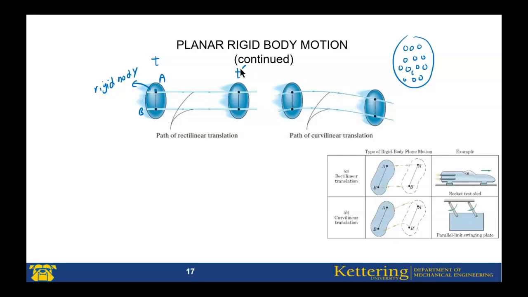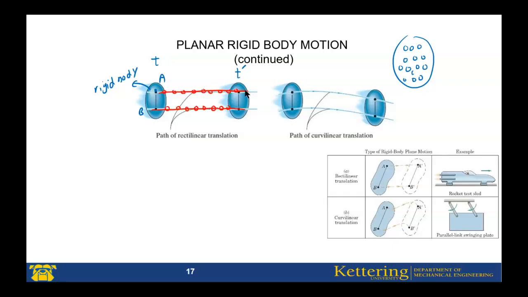Track the position of A, moving along this line, during different time intervals, and also track the position of B during the different time intervals. And I just connect those points together.